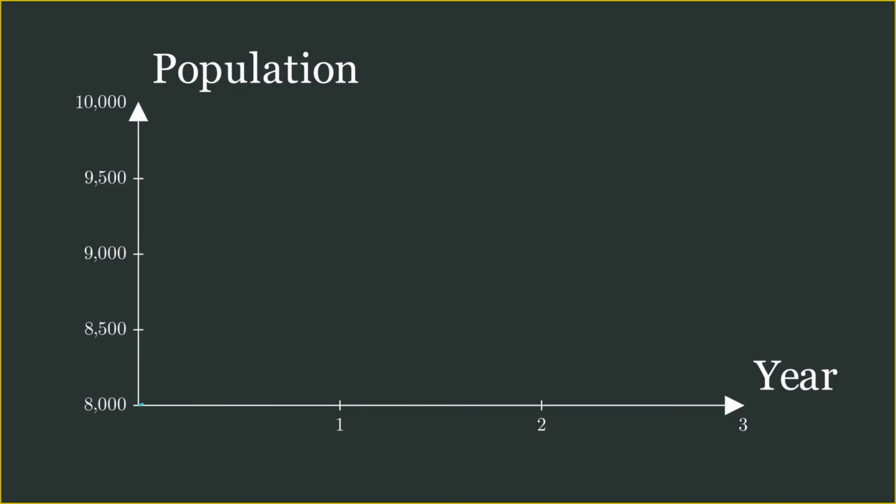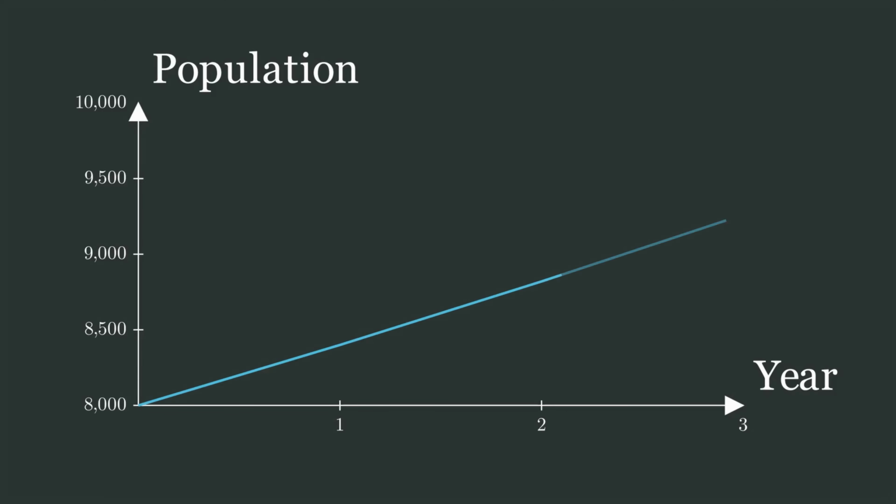I would like to visualize the problem that we have just solved. As you can see, we have population and year, and we start at 8,000. We want to know in 1 year what the population is at a 5% growth rate.